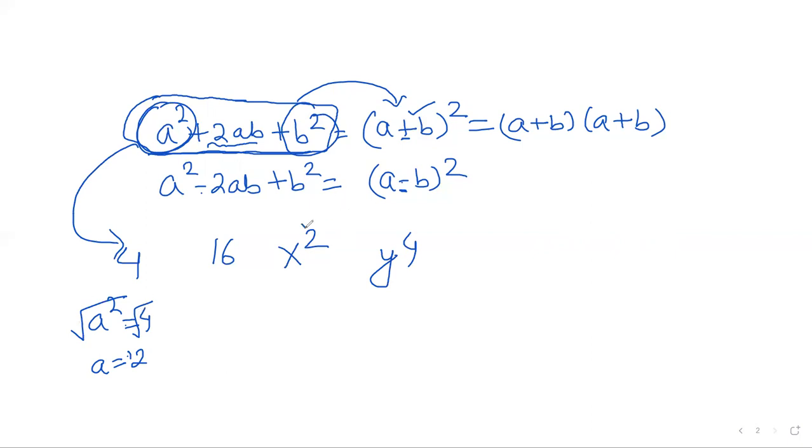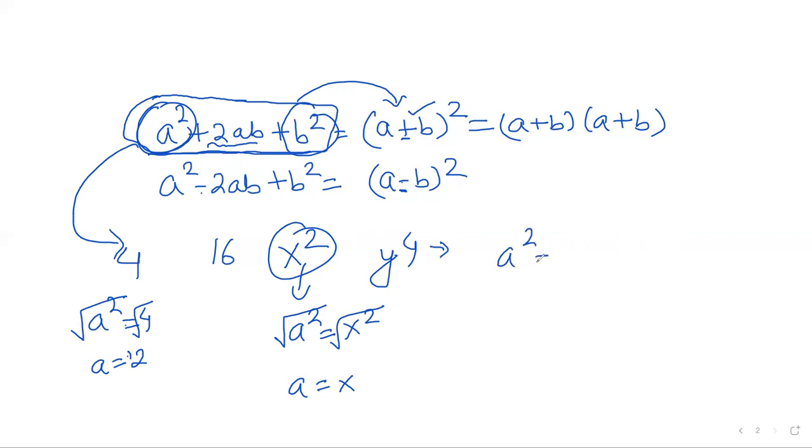If it is x square, then a square is equal to x square, and taking the square root on both sides, a is equal to x. Or a can be y to the 4: if a square is equal to y to the 4, taking the square root on both sides gives a is equal to y square, because there are four y's and taking the square root makes half of them go away.